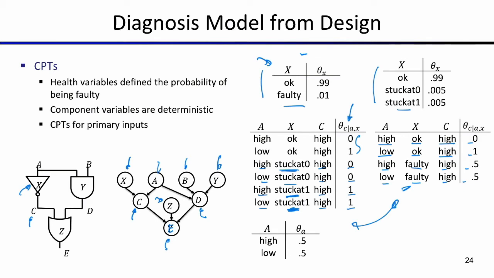We are probably not sure about the probability of A and B, because they will be part of a circuit, and part of the time should be high and part of the time low, but the exact probabilities we don't know. In this case, we put 0.5 and 0.5 for each one, and it sounds like a reasonable assumption. All right, let's see what queries we can do with this model.